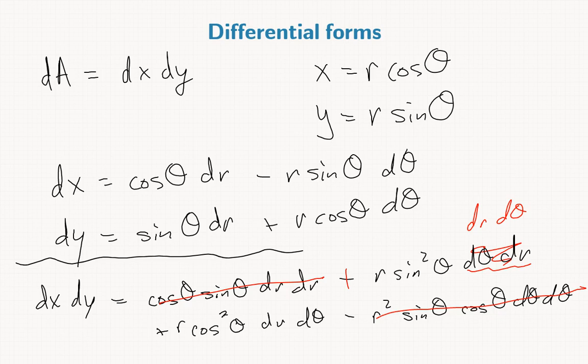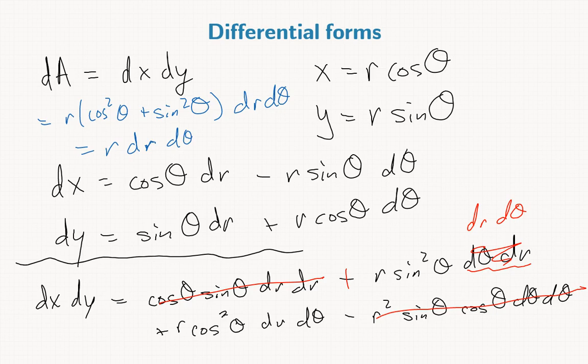So we get that dx dy is equal to r times cos squared theta plus sin squared theta dr d theta, or just r dr d theta.